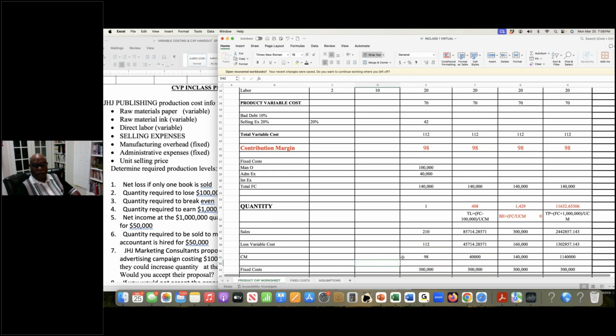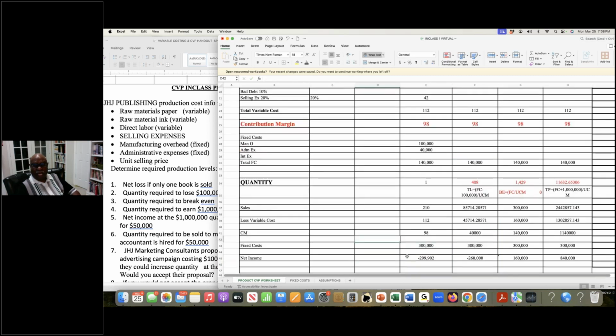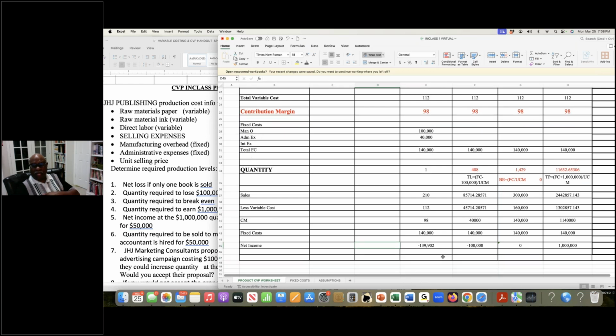So it's 98. My fixed cost has to equal... and so if I sold just one, my net income will be 139,902.